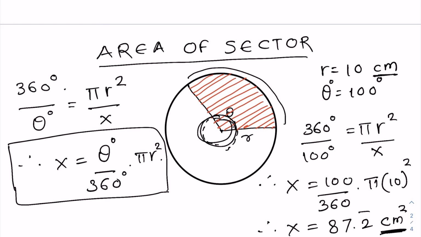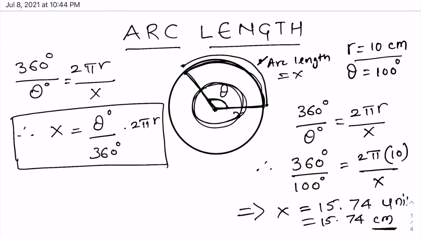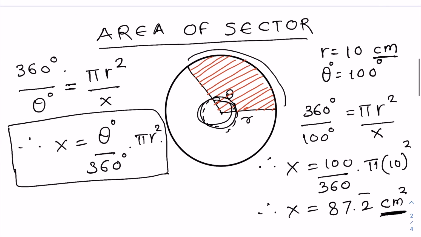So arc length is directly proportional to the central angle, and the area of a sector is also proportional to the central angle, and therefore we can apply the equality that we saw in the area of a sector and in the arc length case. And this concludes the video for finding the arc length and the area of a sector in a circle.